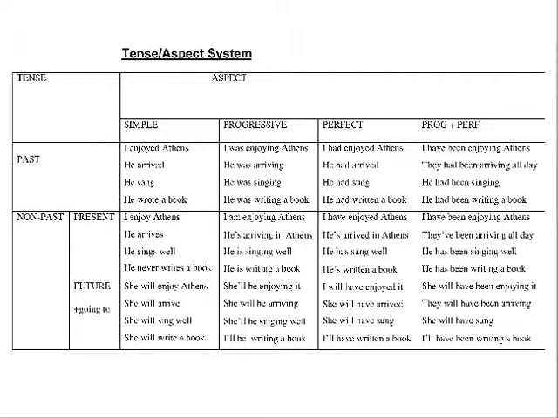Notice the future tense in English is made up of various choices, which actually don't contain tense marking in the sense of future, as many languages do. So you can have a look at the different examples of simple aspect, progressive aspect, perfect, and then just to make it a little bit more complicated, you can combine progressive and perfect together.